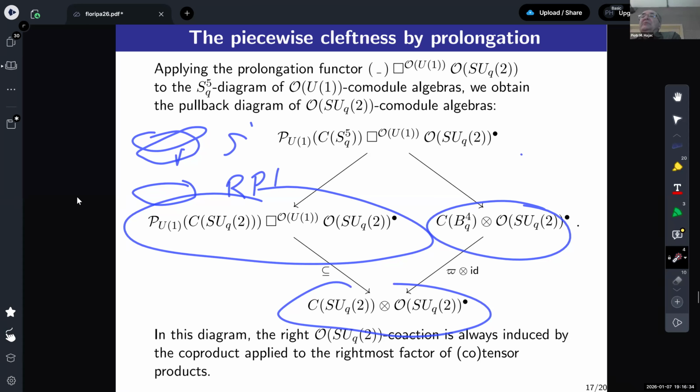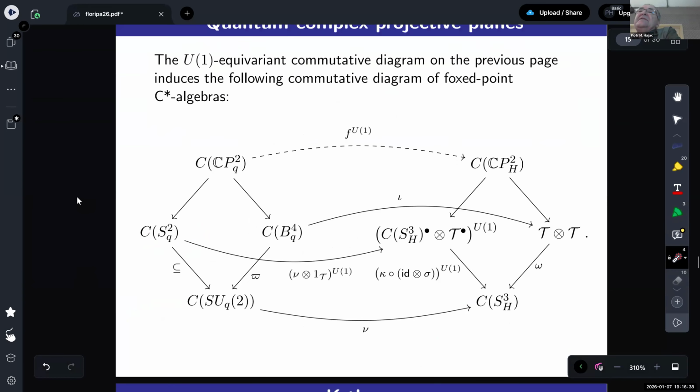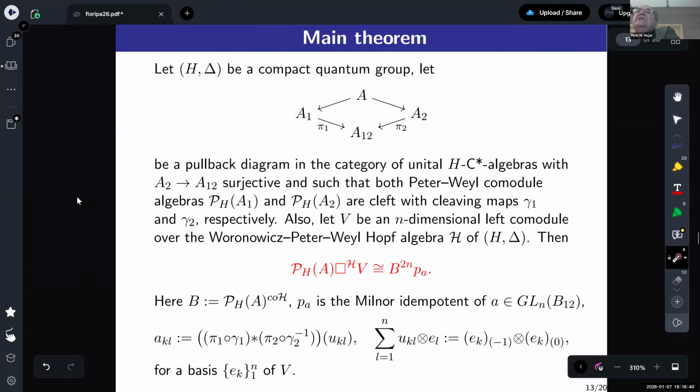But in the generality of the main theorem, I believe in our paper we really studied this question, that the assumption that you have surjection here of the algebras also gives you the surjection for fixed point subalgebras, and that's all you need for the Mayer-Vietoris.